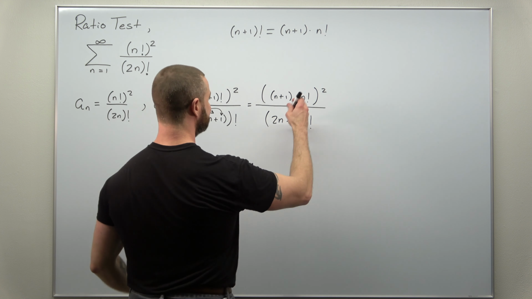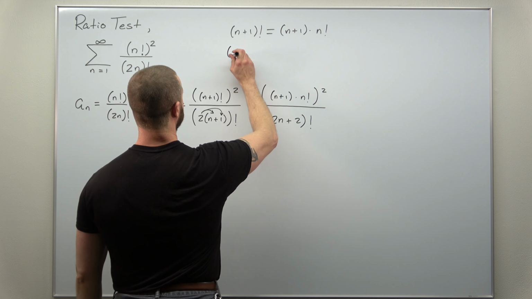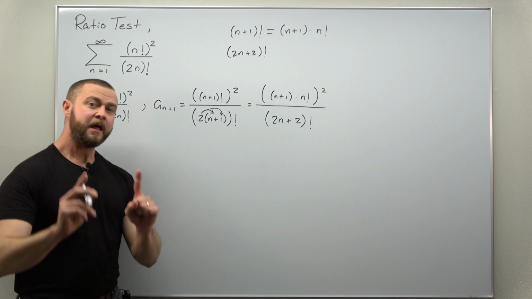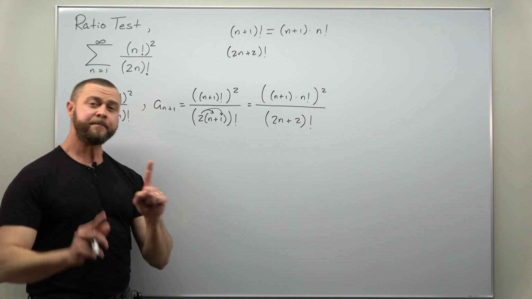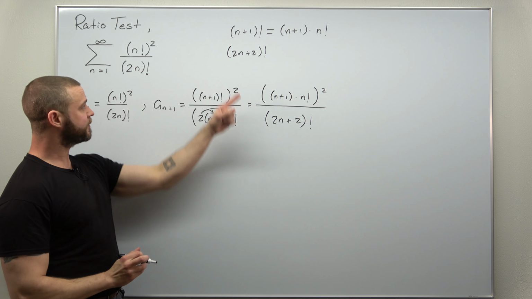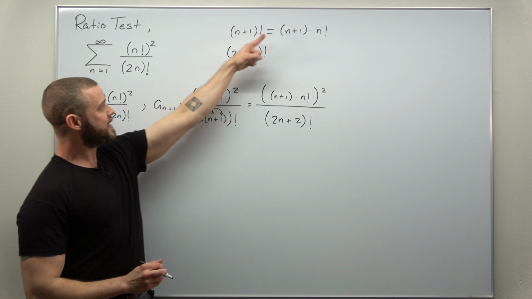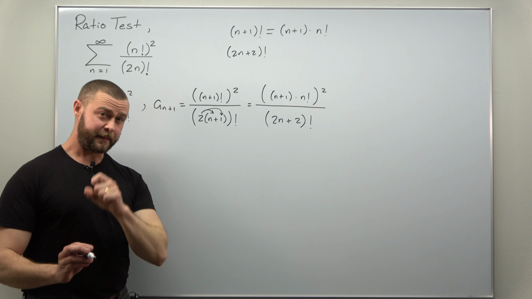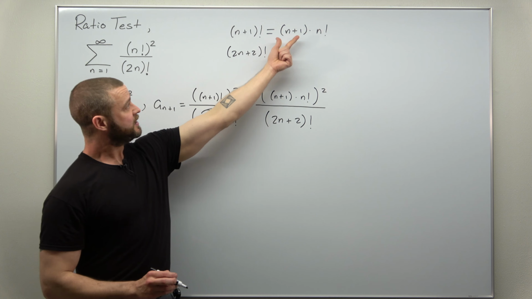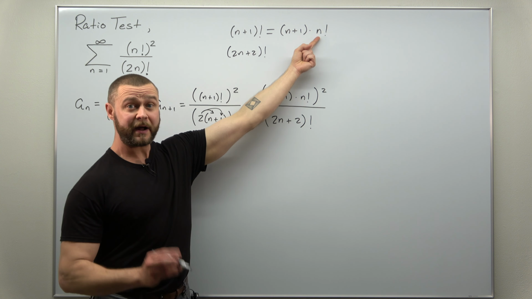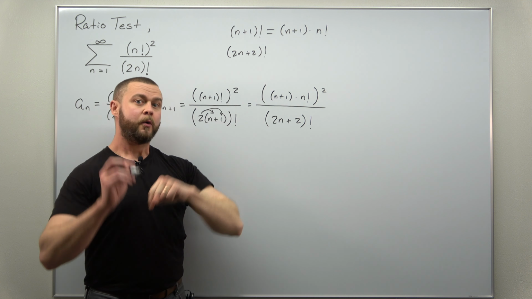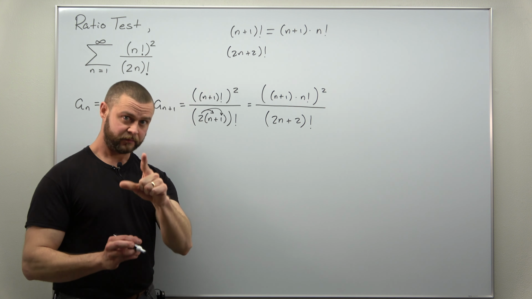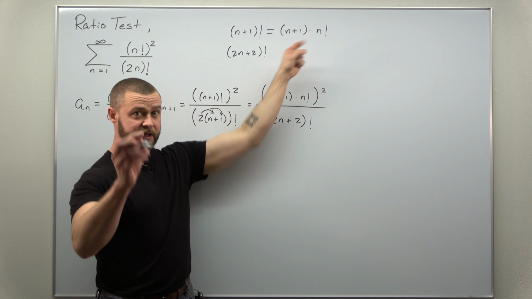So let's take 2n plus 2 factorial, and we're going to apply this property, but to a little more general version where, again, instead of n, we have 2n. What that property of factorials does is we take that integer and multiply by the previous factorial. We're subtracting 1 from that integer: n plus 1 minus 1 gives you n.